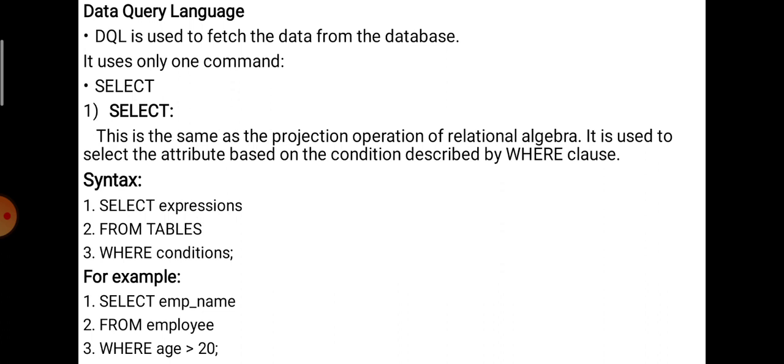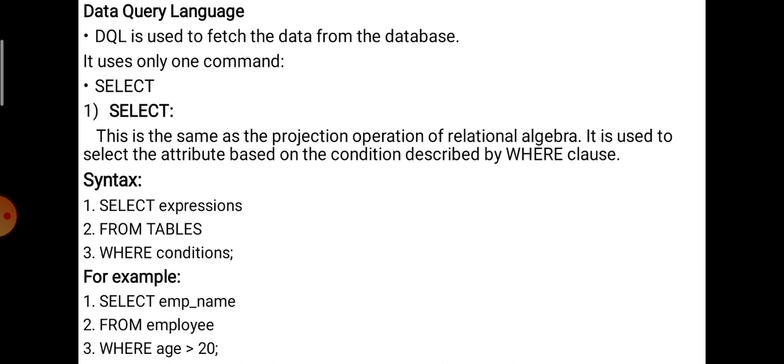The command select is performing the action which is done using the projection operation. It is used to select the attribute based on the condition described by the where clause. In the SQL statement there will be a where clause. Using that condition, the given attribute will be selected from the database, okay.